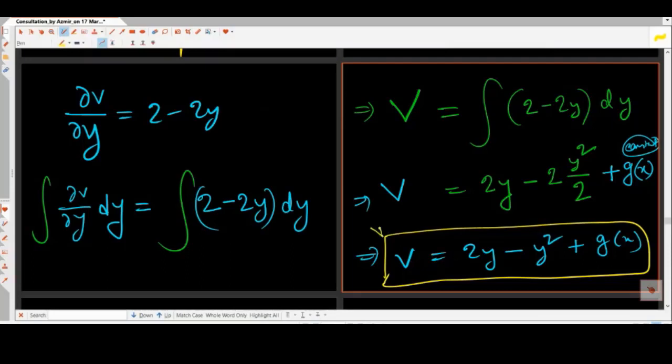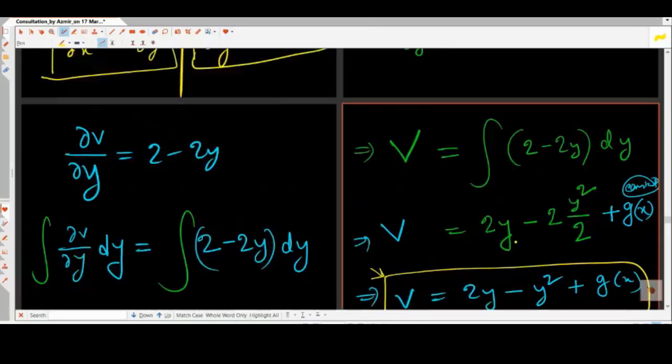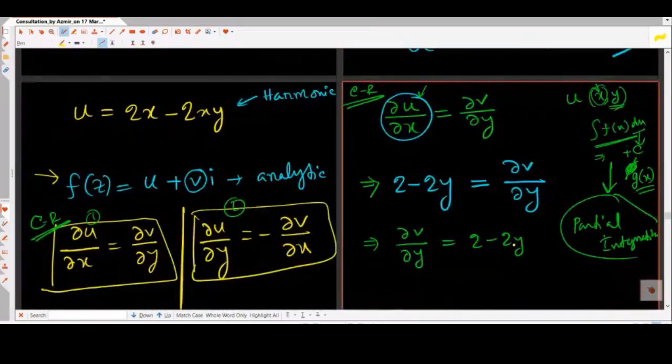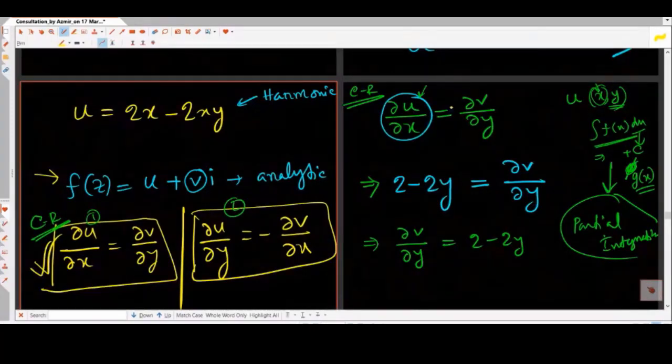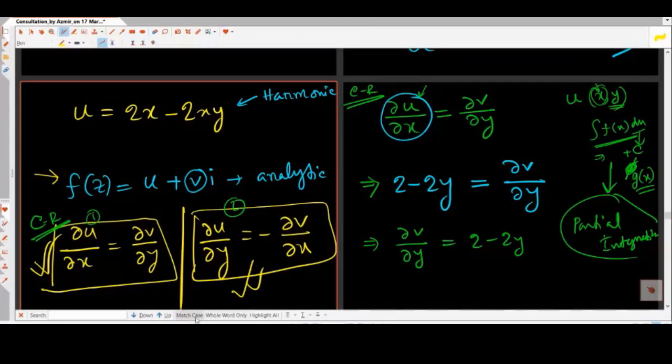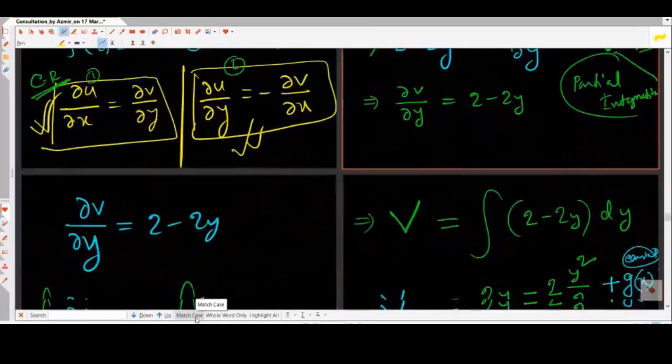We already have v in our hand, but the only unknown that we have here is g of x. So let's try to find g of x. You can remember that first we worked with the first equation, du dx equals dv dy. We also have another equation, du dy equals negative dv dx.